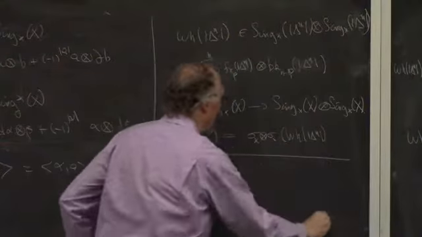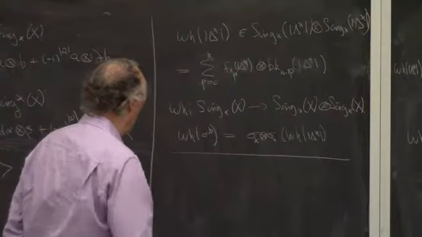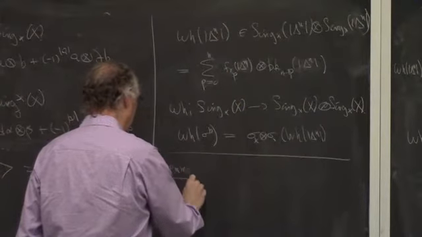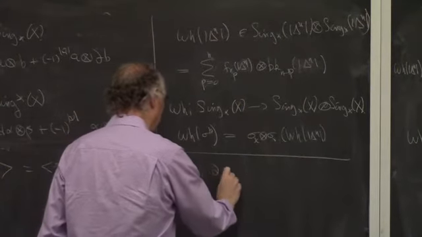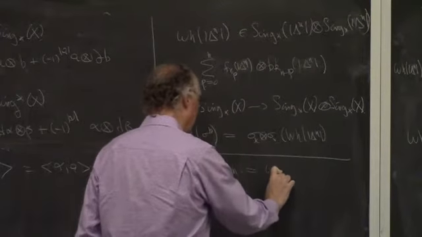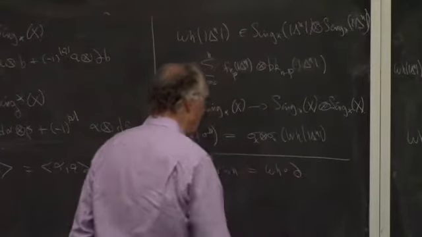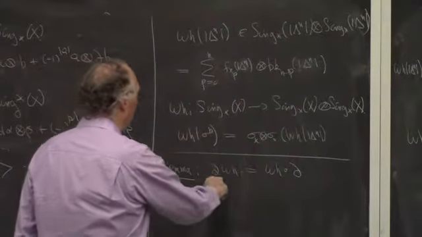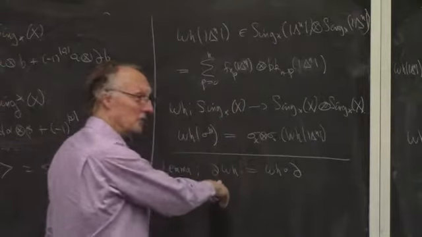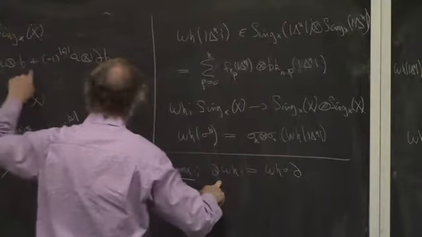And what we just proved a minute ago is that Whitney is a chain map, where here you use the boundary map in the singular chains, and here you use this boundary map in the tensor product.